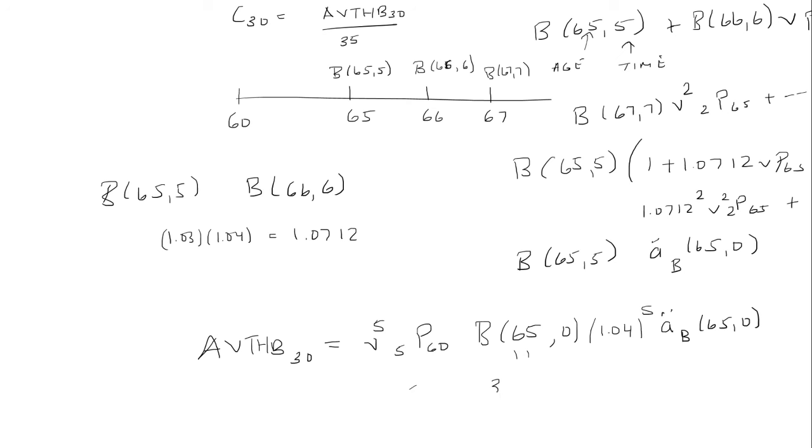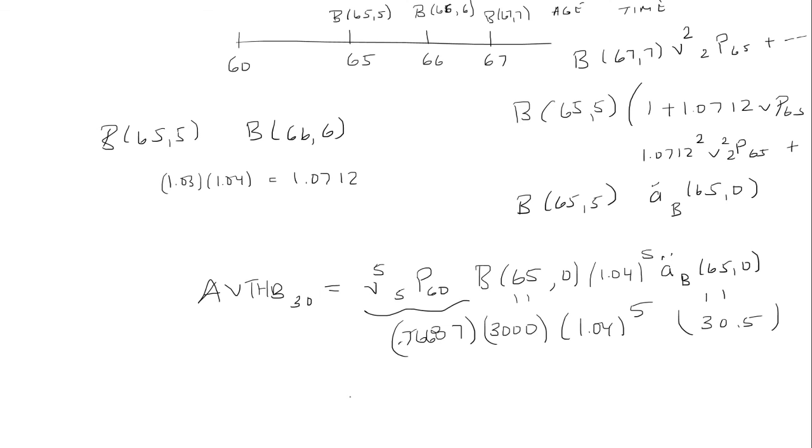B65.5, the premium there is 3,000, and this is 30.5. So when we do these, we get 0.76687 times 3,000 times 1.04 to the fifth times 30.5, and we get that it's 85,370.84.